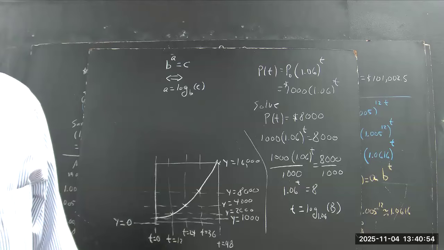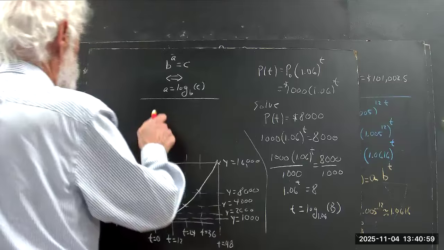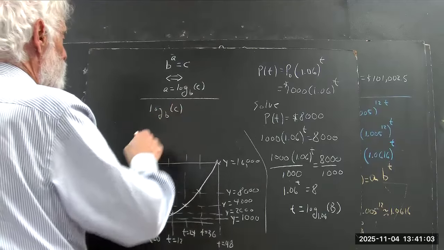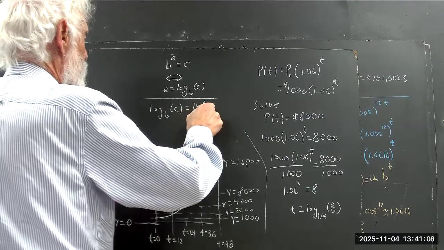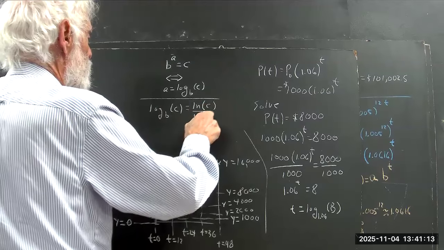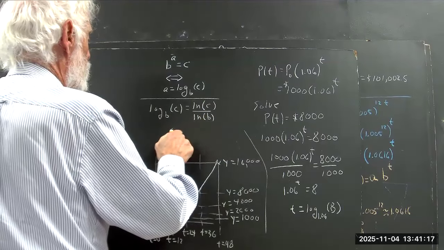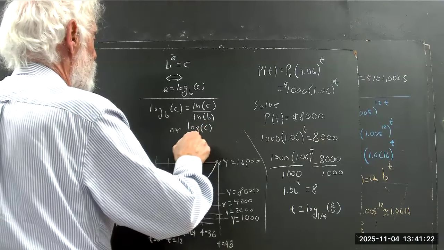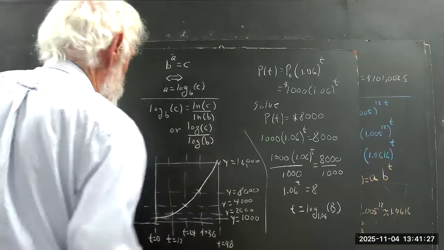Now you need one more thing to solve this, and then you have something you put in your calculator. What do we mean by log base b of c? Well, that equals natural log of c over natural log of b, or log of c over log of b.